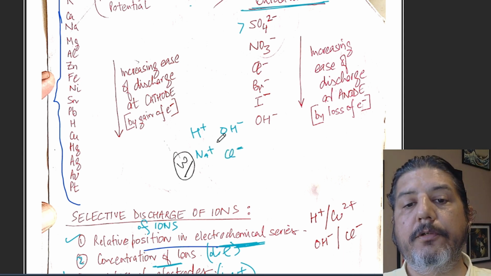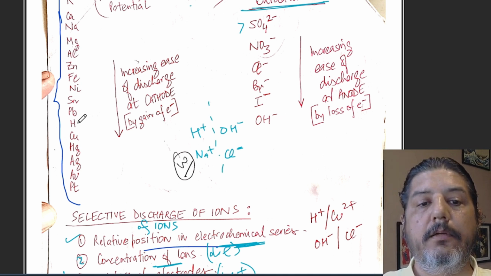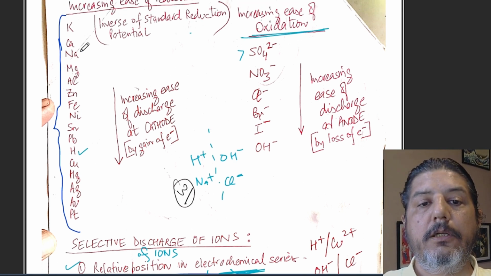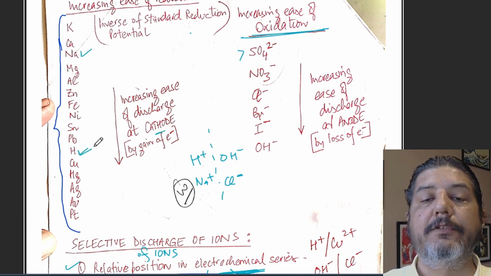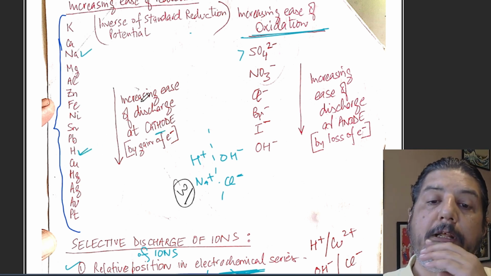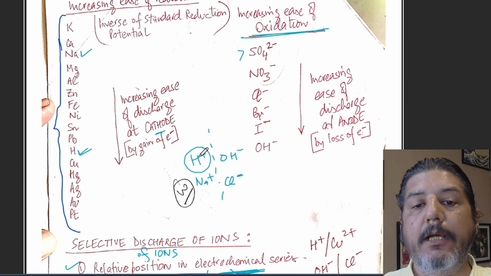It's a dilute solution. Now, between H and Na, considering the increasing ease of discharge at the cathode, H will get discharged easily before Na. So H will get discharged and this will go to the cathode.